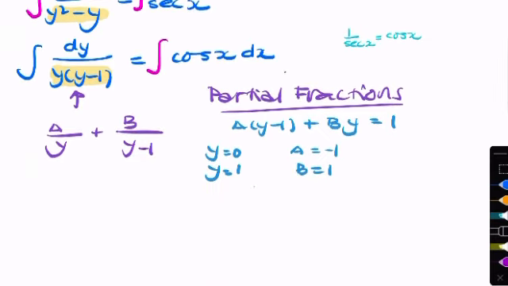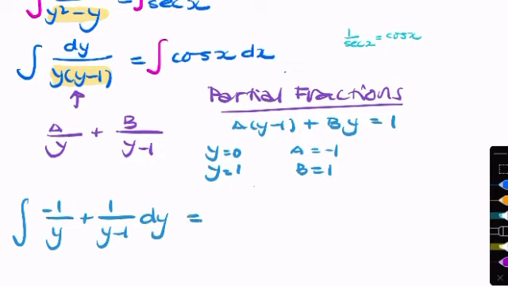So this now gets rewritten as the integral of minus 1 over y plus 1 over y minus 1 dy equals the integral of cosine x dx.